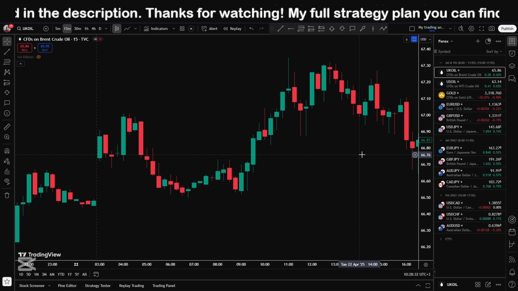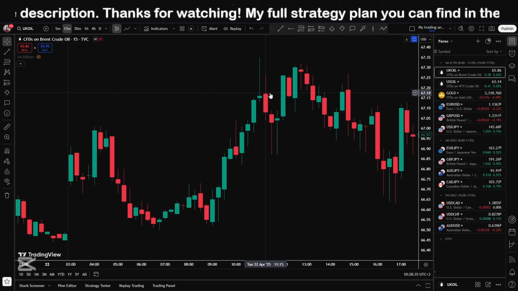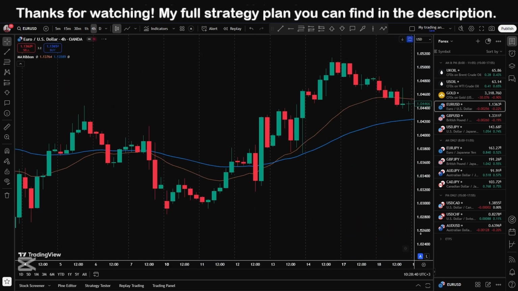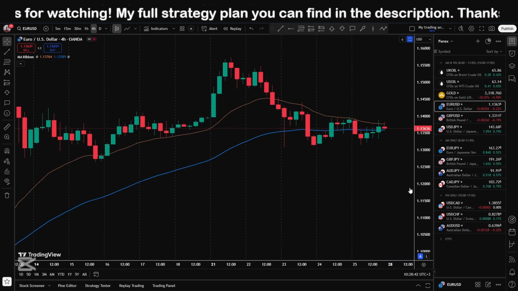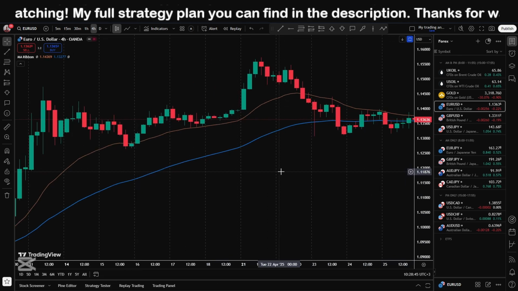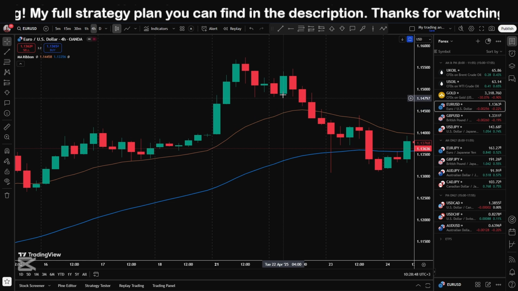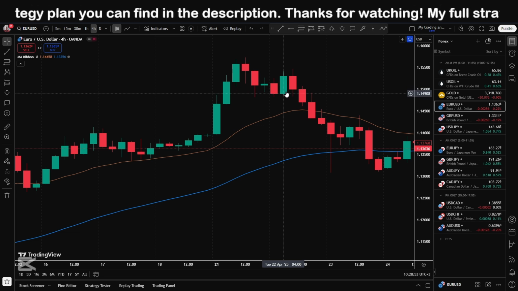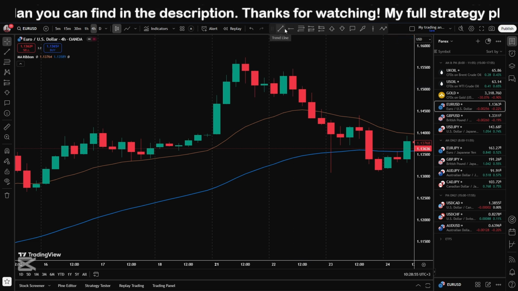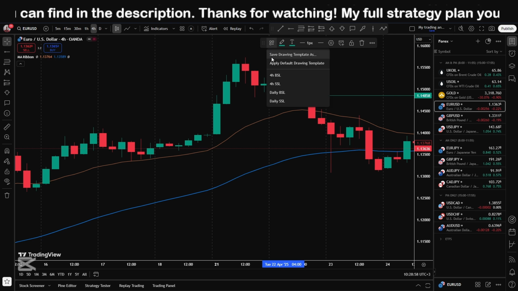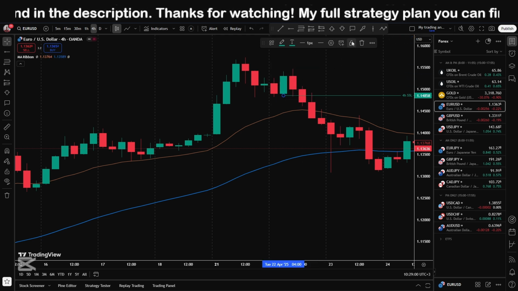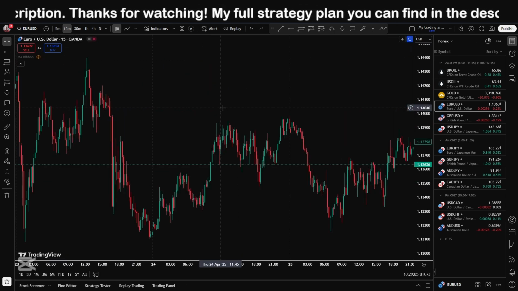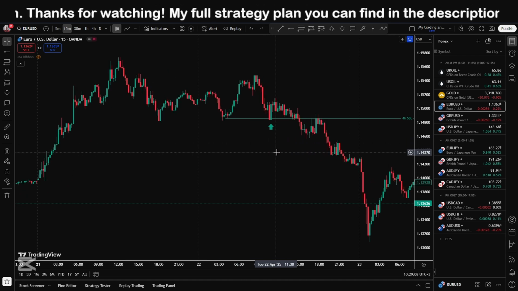Okay, the third trade from Tuesday is from EURUSD. Here I'm looking at the 4-hour time frame. Tuesday, this bar here, bullish trend, bullish 4-hour bar. Let's draw the sell side liquidity and move to the 15-minute time frame to see where the trade is.